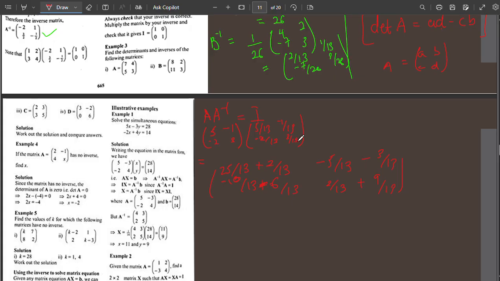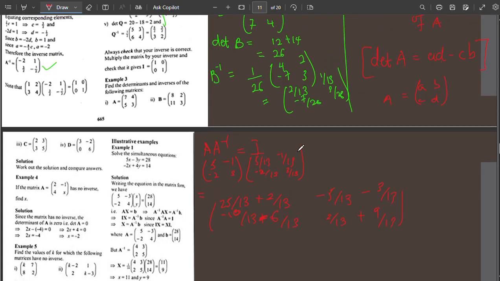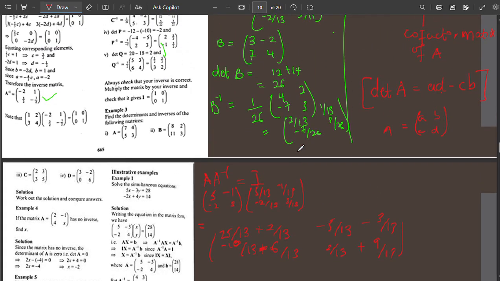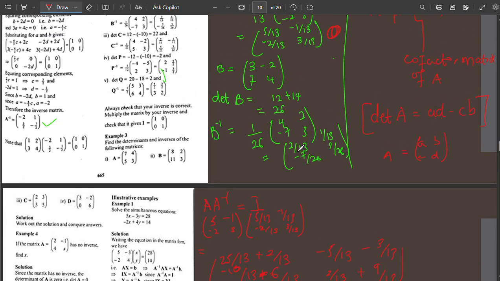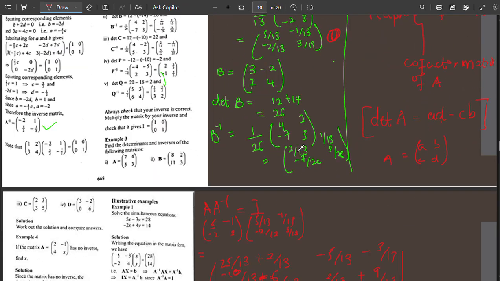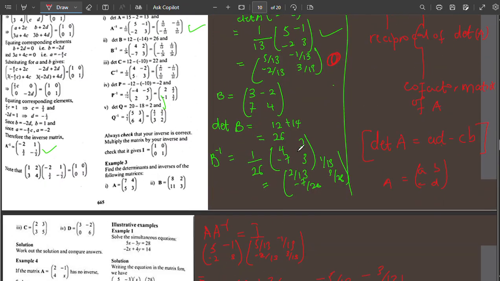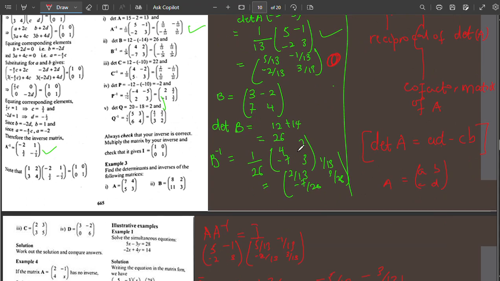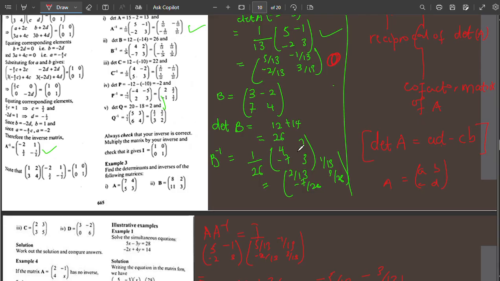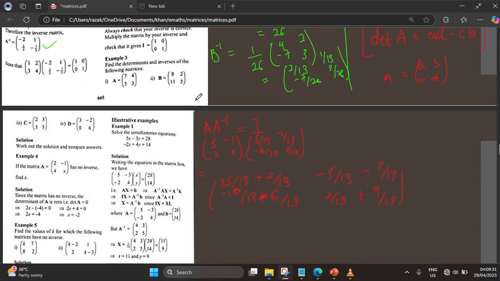Wait, our answers are not like they are supposed to. This is not giving us the identity element. So there is a mistake somewhere.